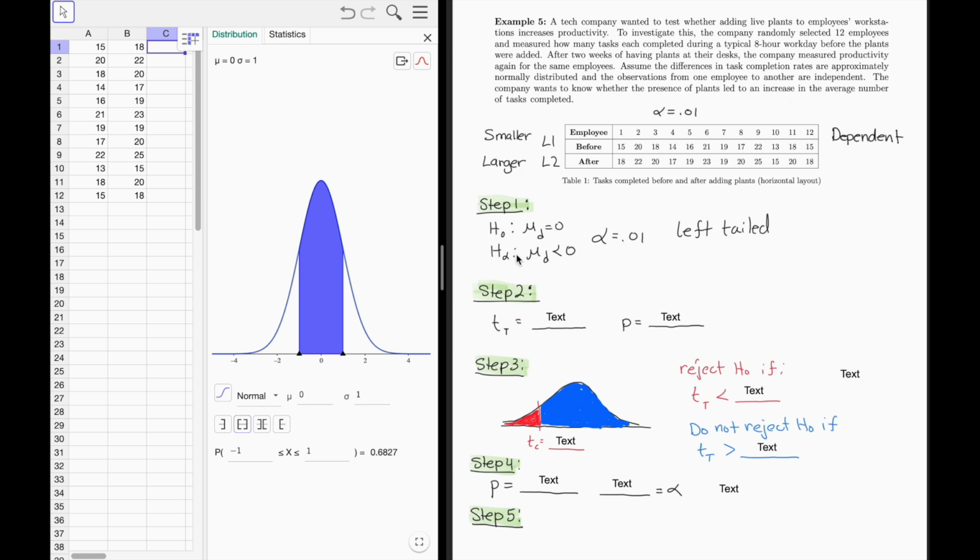So when we set up our alternative hypothesis, we're going to say mu d is less than 0, because we're checking to see what we get if I take a smaller number and subtract a larger number. So we're expecting that to be less than 0. We're using an alpha level of 0.01, and because we have a less than, this is going to be left-tailed.